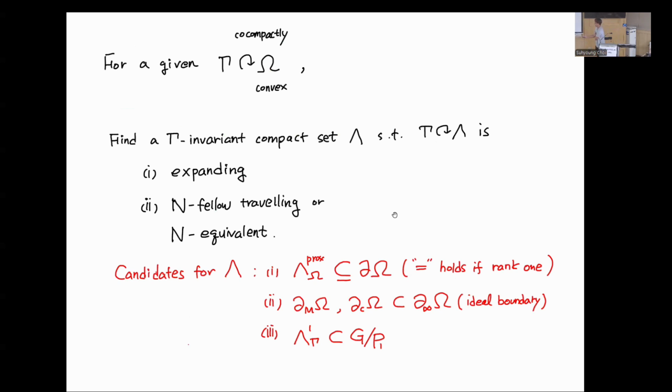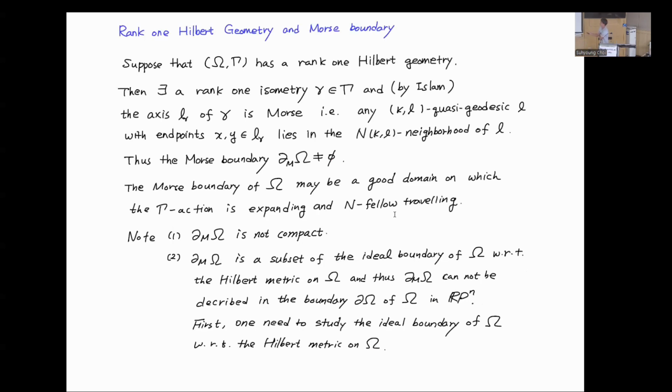Third is looking at some limit set in the flat space. I think this one is more reasonable, but I don't know about it yet. It is worth studying the Morse boundary and contracting boundary of convex domains, because we know that if the Hilbert geometry has rank one, the Morse boundary is non-empty.